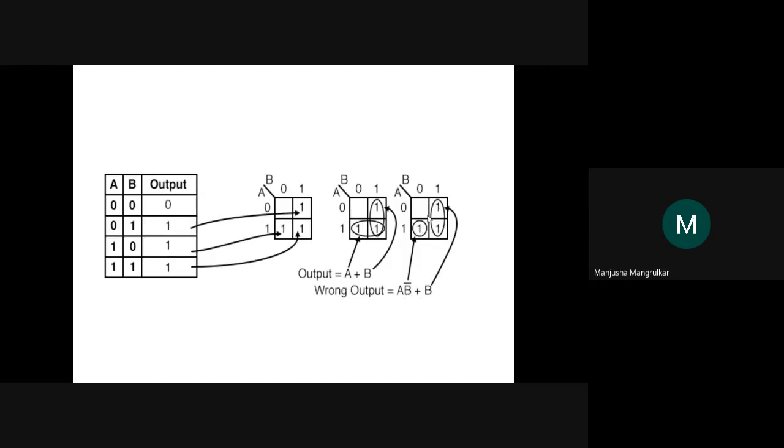So instead of solving individually, we can do it with grouping. So we get the values B and A. Any adjacent value here or here, do the grouping, find the maximum grouping, and when you find the maximum grouping, you are minimizing the Boolean expression.